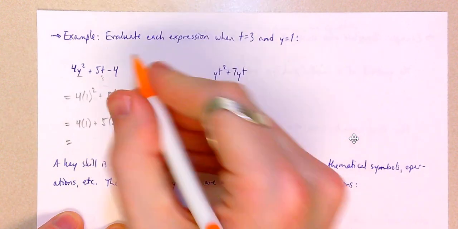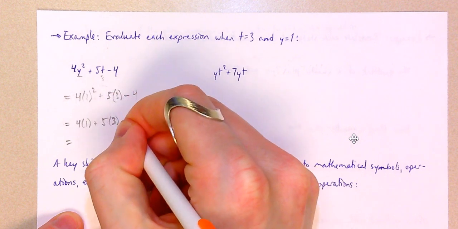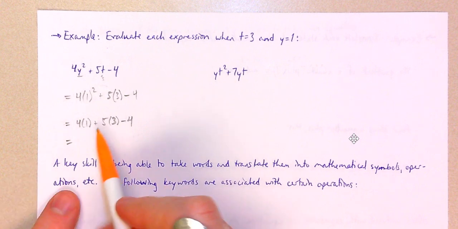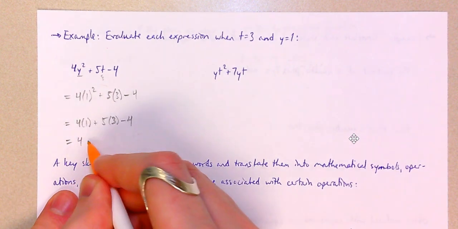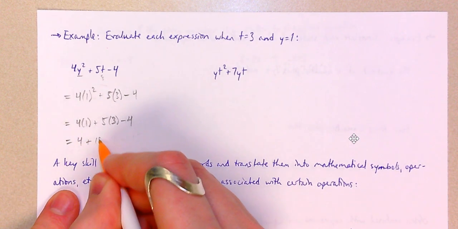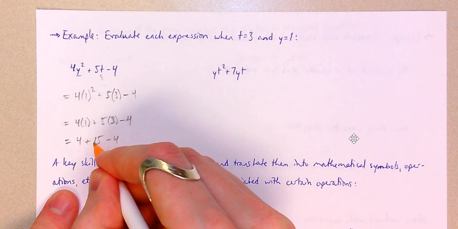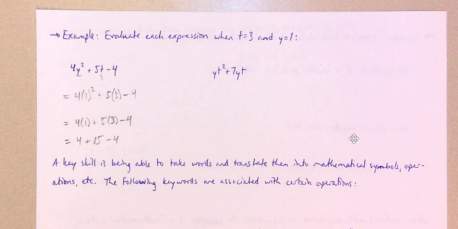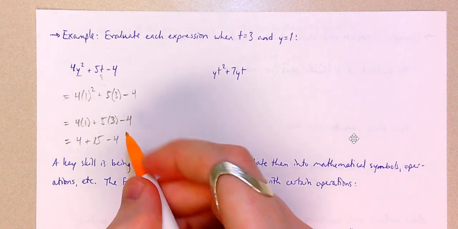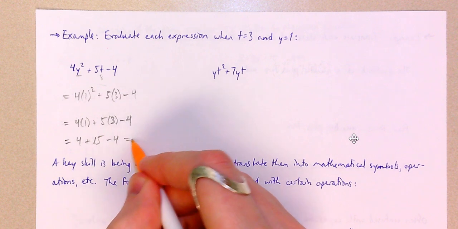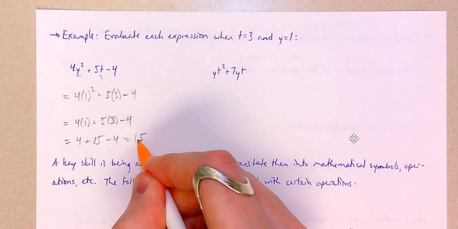These are minus 4s. Multiplication, 4 times 1, 4, plus 5 times 3 is 15, and then minus the 4 once again. And now add or subtract, going left to right. 4 plus 15 is 19, minus 4 is equal to 15.